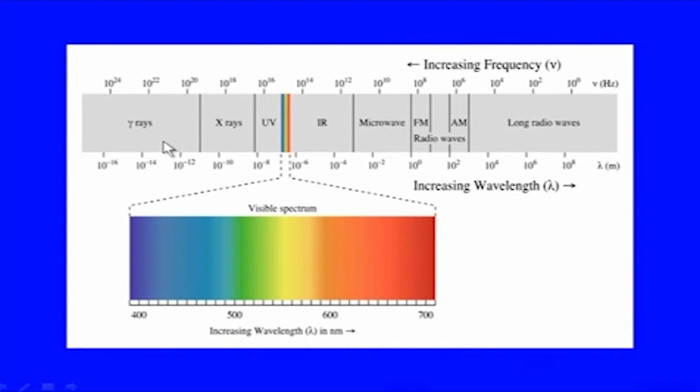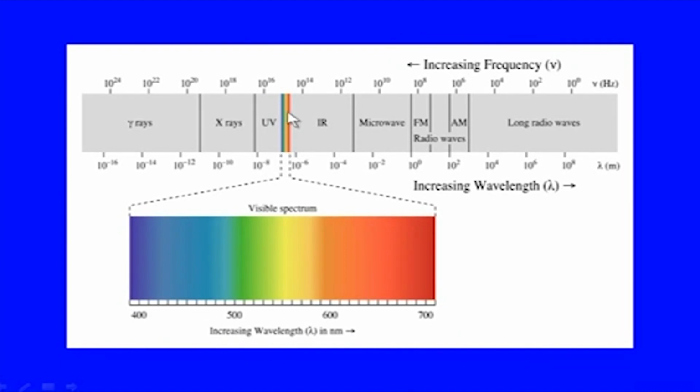There are gamma rays at very high frequency, then X rays, then ultraviolet rays.